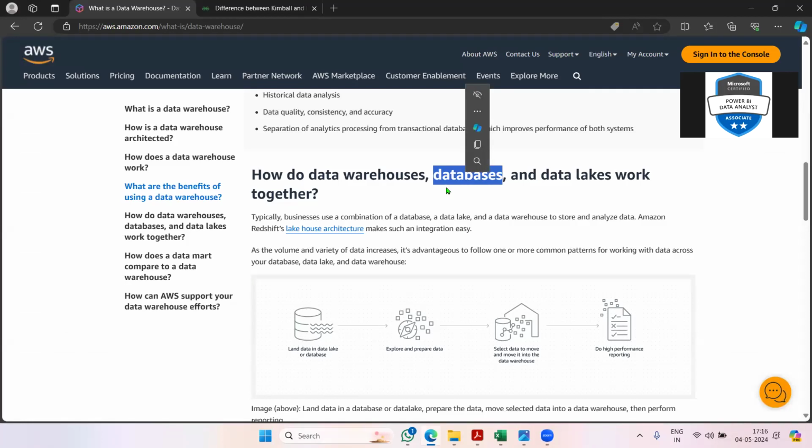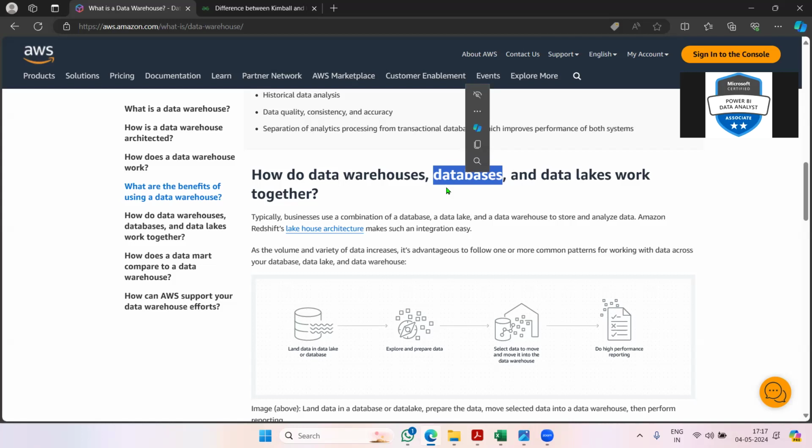Companies like Teradata, PostgreSQL, Oracle, SQL, Amazon provide these databases, and we call them database management systems: tools or systems where we store data in rows and columns in an organized way.